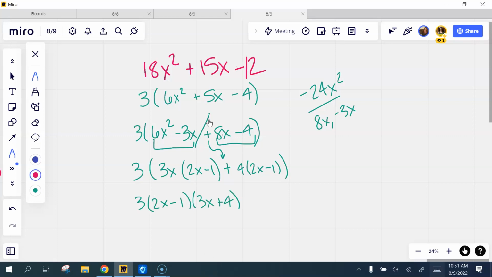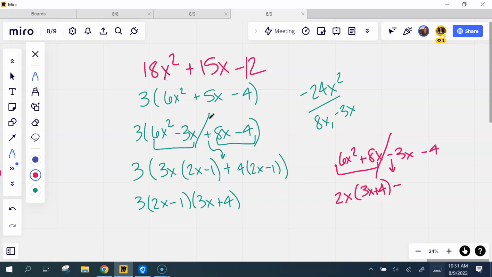If you swap that around, so if you had 6x squared plus 8x minus 3x minus 4, the GCF here, 2x, it leaves me with what? 3x plus 4. The middle sign has to stay.